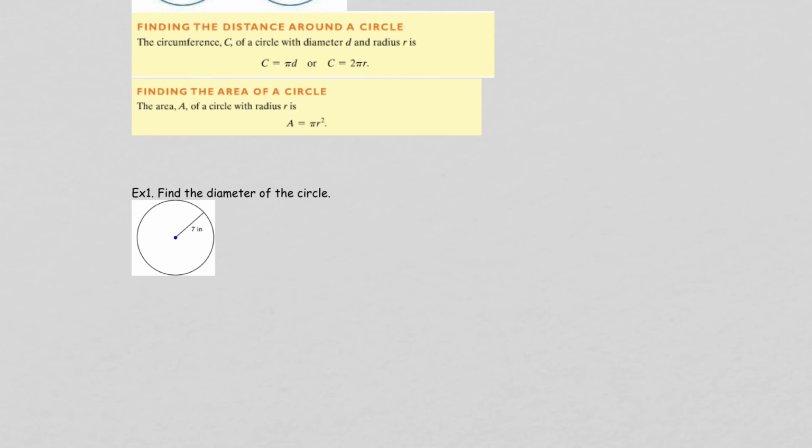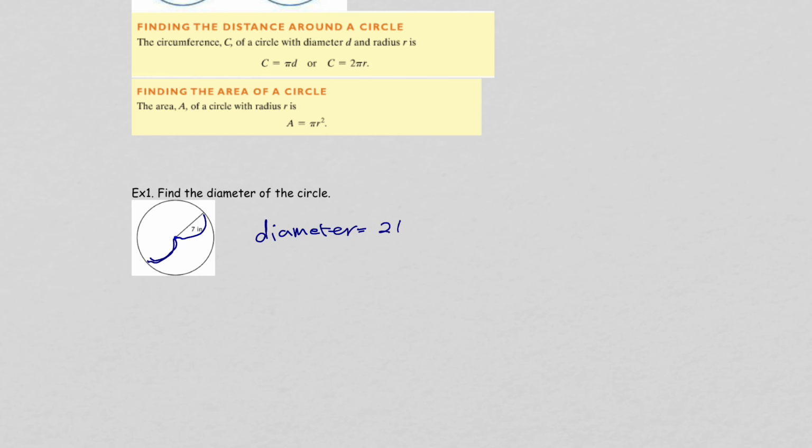Let's say you need to find the diameter when the radius is given. So what you're going to do, oops, let me write it, is just multiply by 2, because you have to have 2 radii to make a diameter, right?